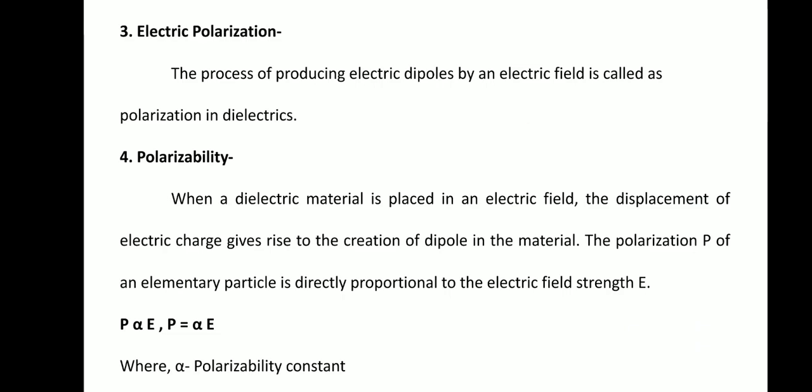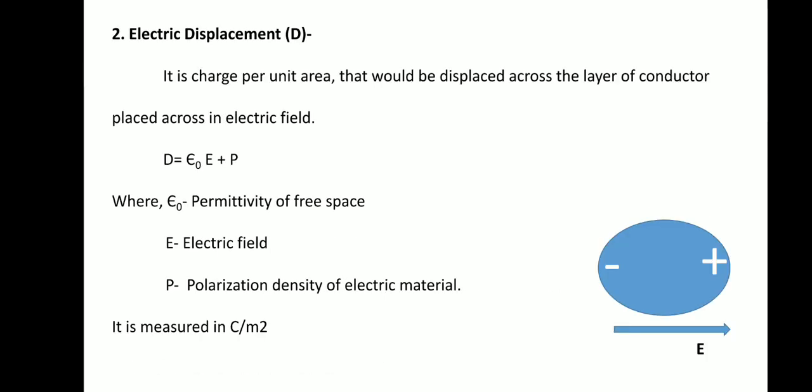Third one, electric polarization. Electric polarization is also known simply as polarization. It is the process of producing electric dipoles by an electric field, called polarization in dielectrics. Or simply, it is the ratio of induced dipole moment per unit volume of the dielectric. Now see this figure.